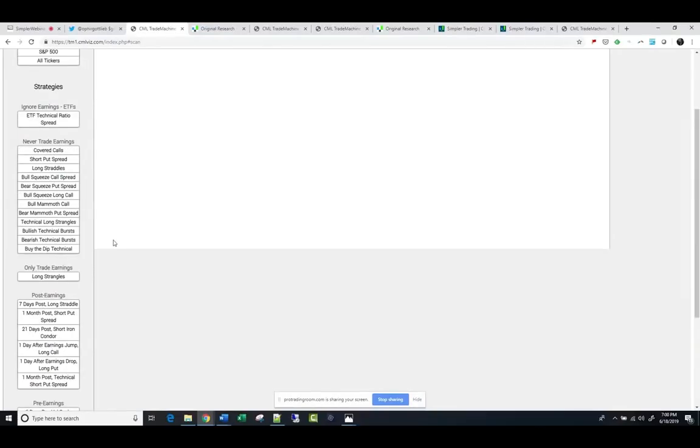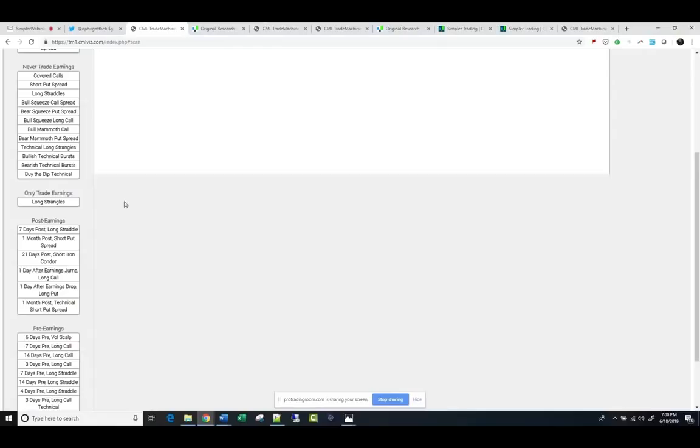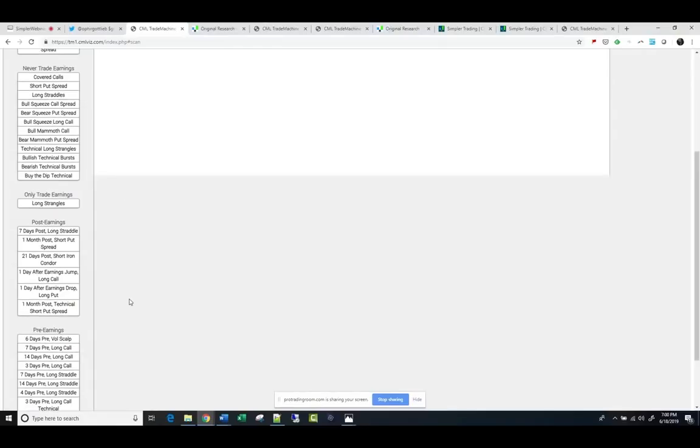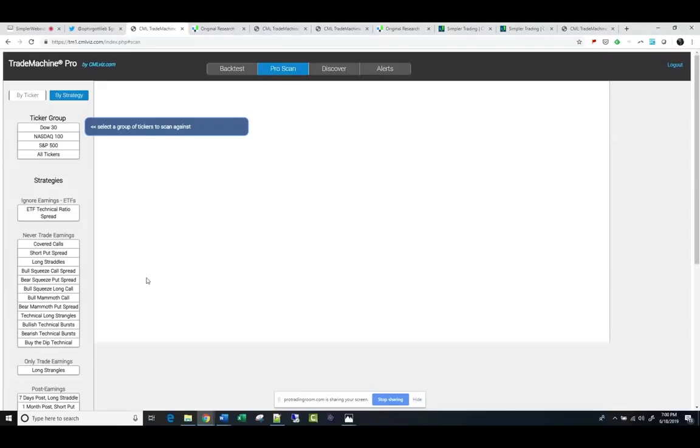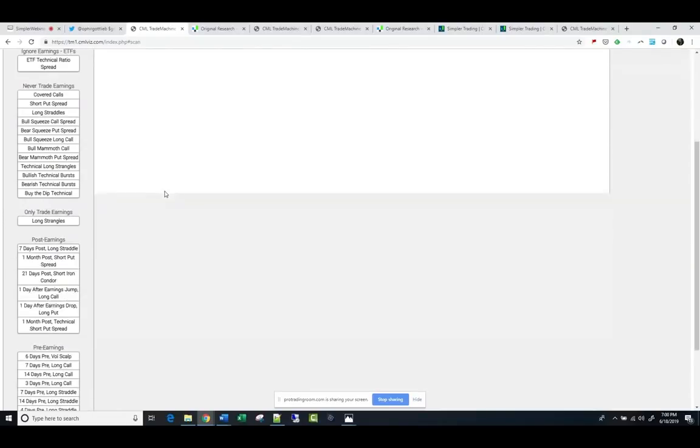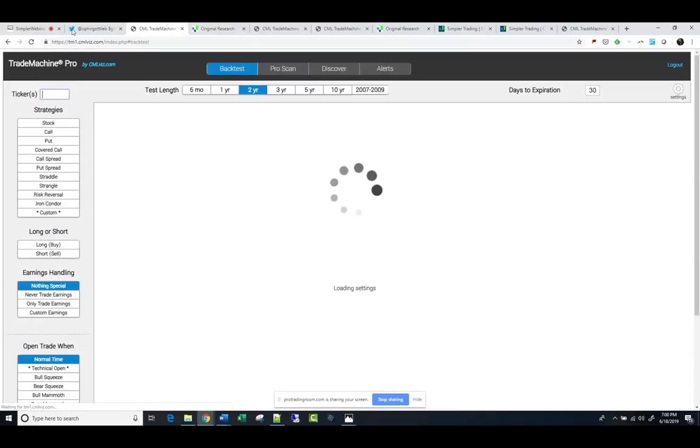So buy the dip didn't work, Mammoth didn't exist, Squeeze didn't exist, ETF technical didn't work, and then we just keep building and building and building. There are people who originally started with us from simpler trading who are paying $49 a month. Eventually, this is going to go to $500 a month, but not for people who started early. Your price never goes up, but eventually this is going to be $6,000 a year. We just keep building to it, and so our members benefit from that.